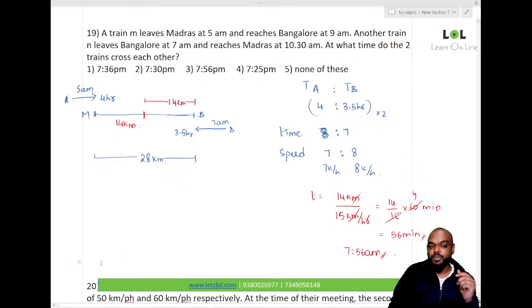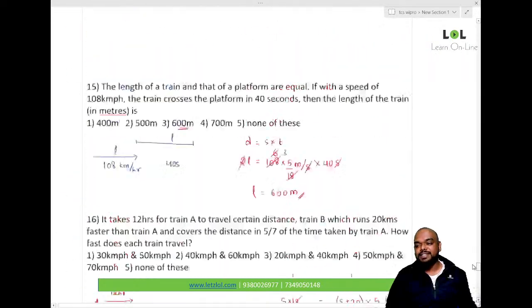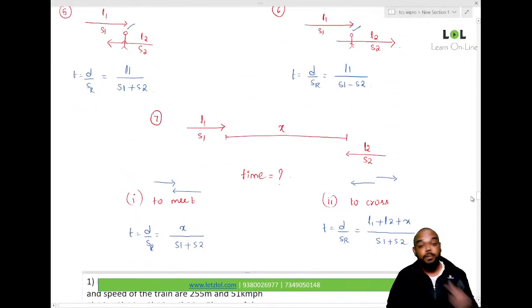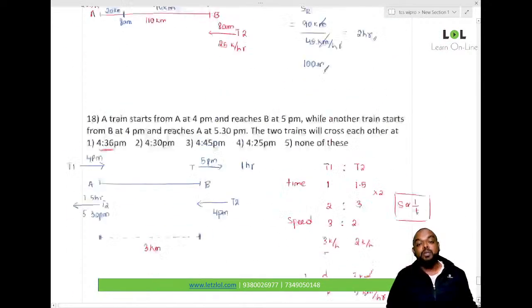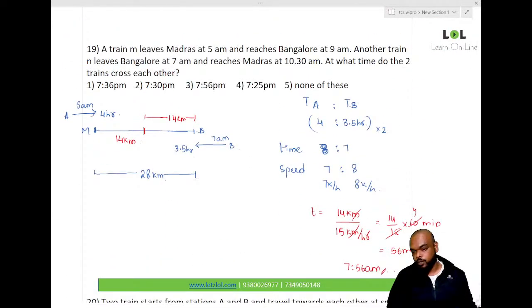I know why you asked this question, because here I showed you 2 different scenarios. What is that? To meet and to cross. To meet, we don't consider the length, but to cross, we have to consider the lengths, L1 and L2, of the trains. But since the question itself did not give us the lengths of the trains, consider them as 0. Consider lengths as negligible.